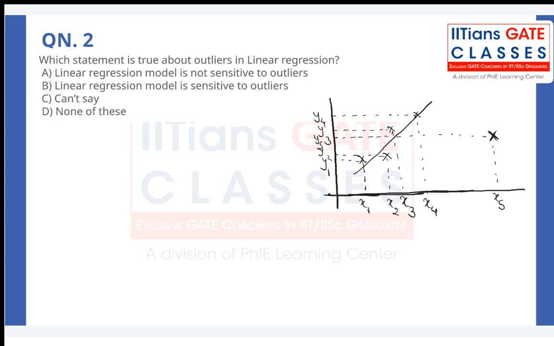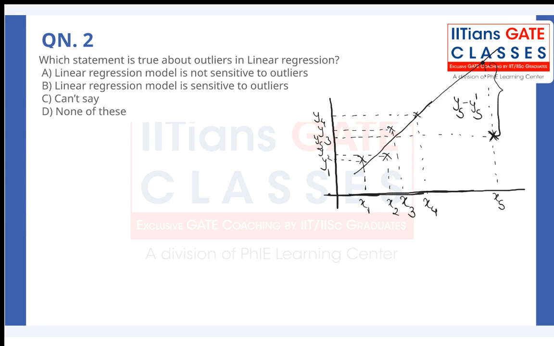But what happens here is, when you're trying to fit the linear regression model, you are extending this line further, and your model will predict some value for this, which is something huge. And the residual, y5 minus y5 dash, let's say dash denotes the prediction, will be huge. And if you square it, it will be even more huge.